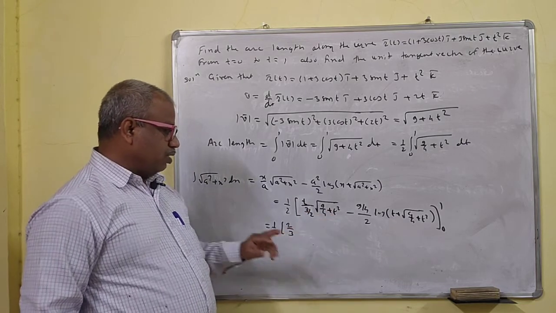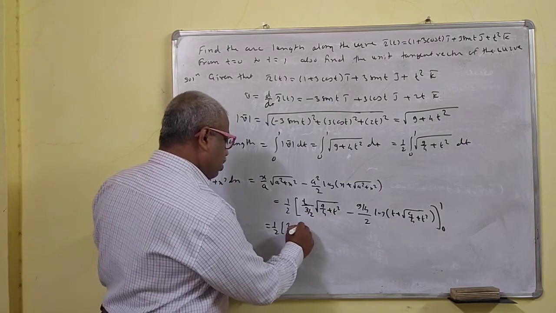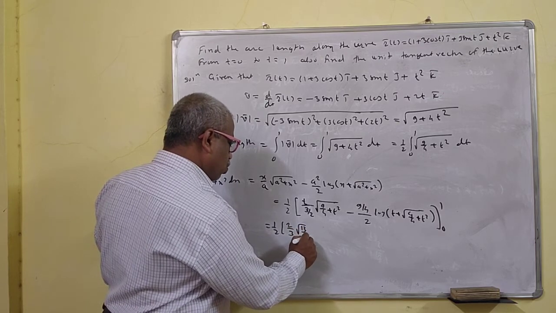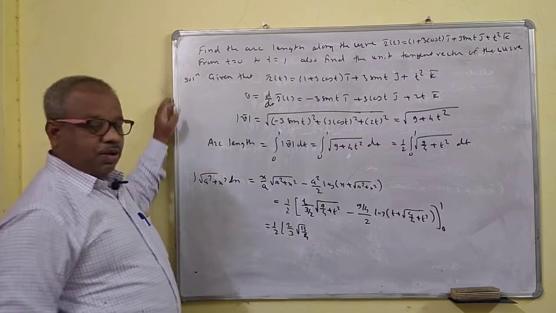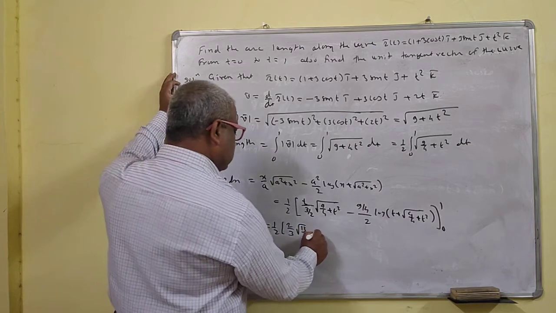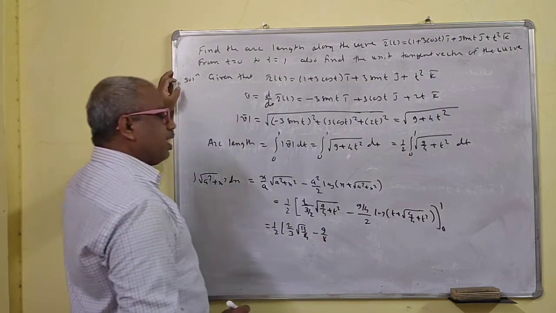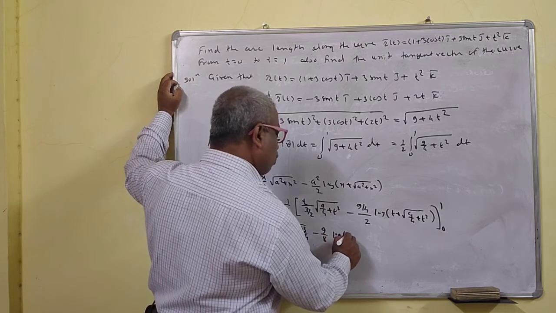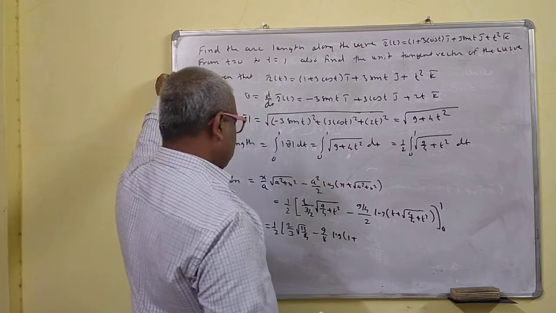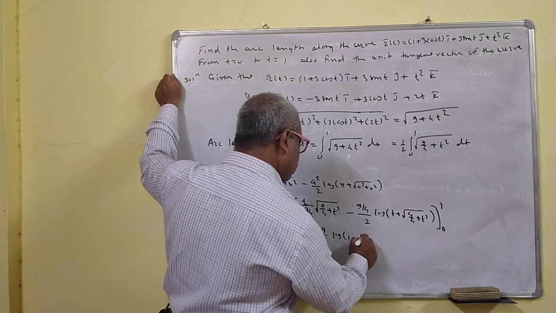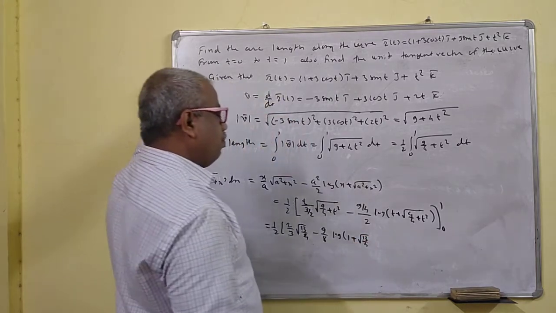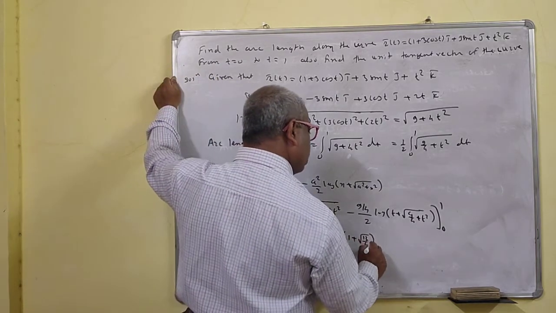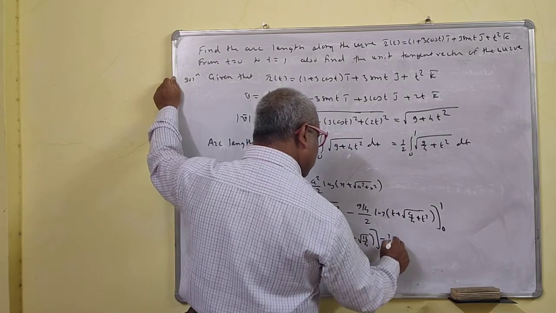So this is 2 by 3, and root of 13 by 4, minus 9 by 8, this is 9 by 8 log of 1 plus root of 13 by 4. This is complete.